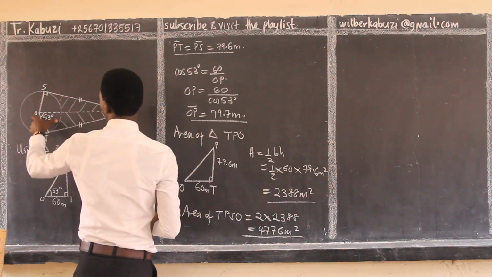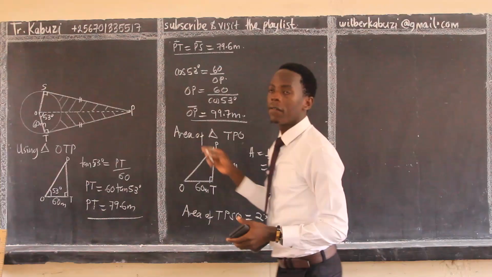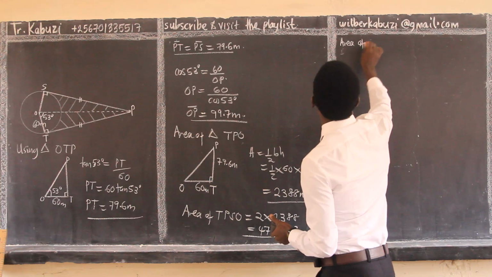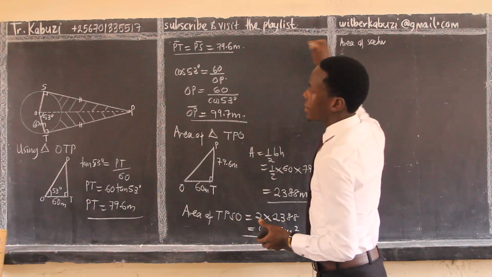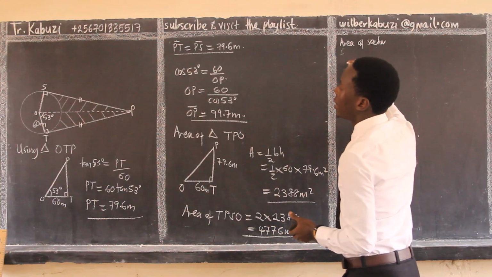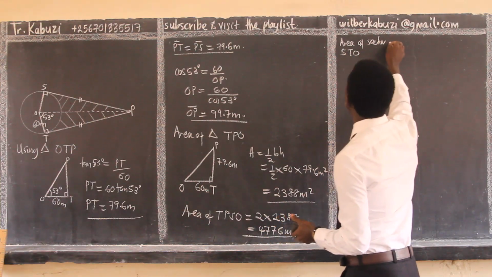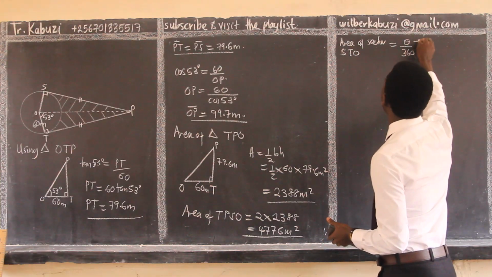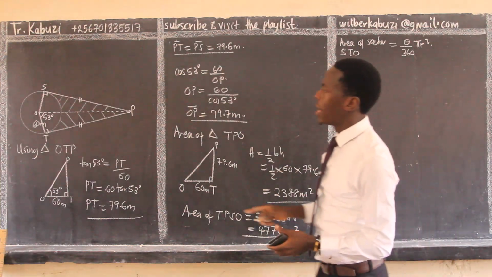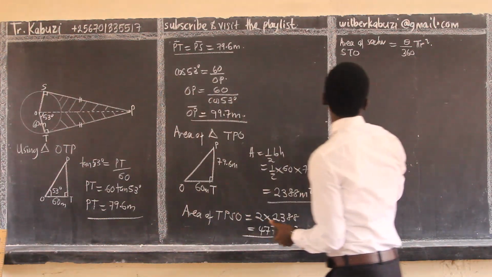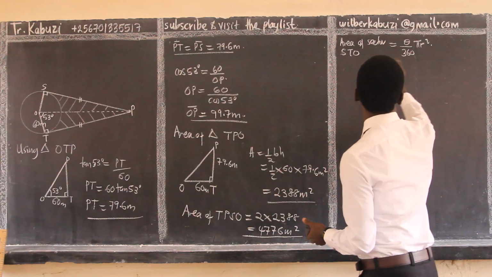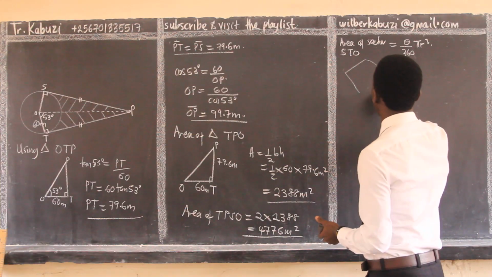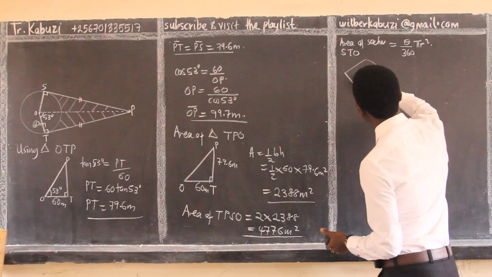Now I'm going to get the area of this sector. Area of sector TSTO. Remember, our sector is given by theta over 360 times pi r squared. If I bring it out properly, the sector is going to look like this. This is my sector now.